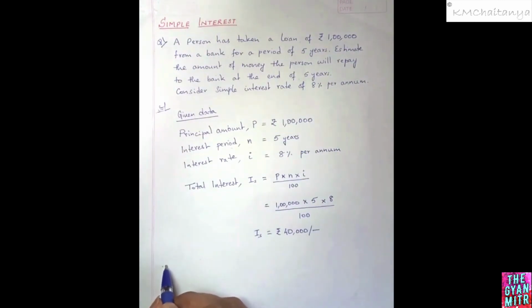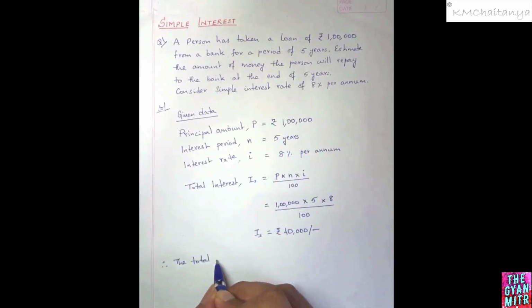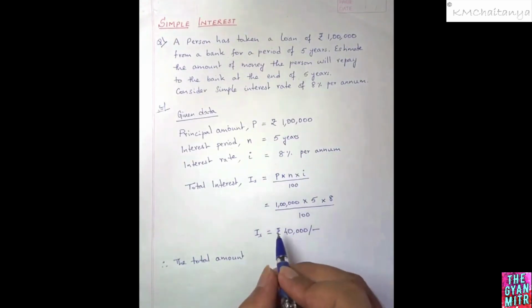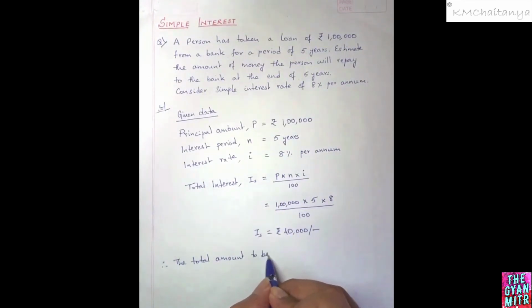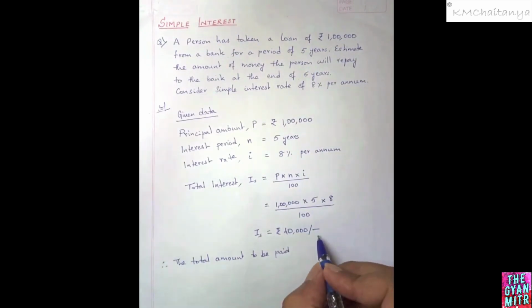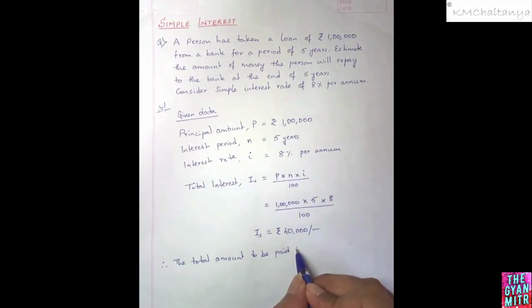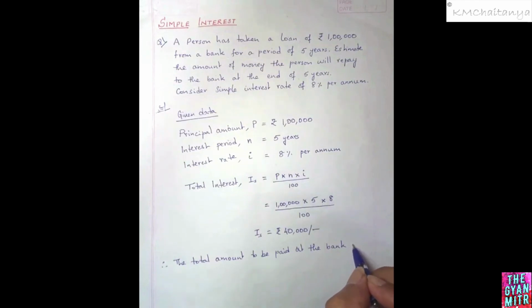Therefore, the total amount to be paid at the bank is rupees 1 lakh plus rupees 40,000, which is equal to rupees 1,40,000.